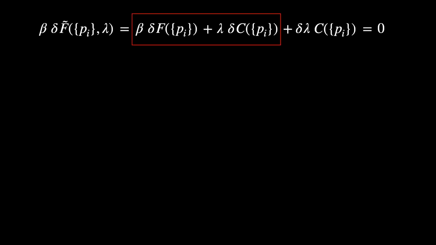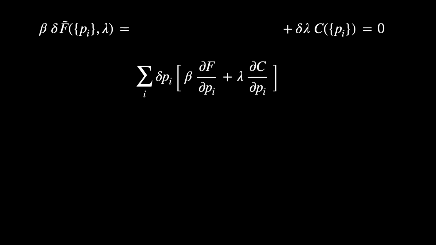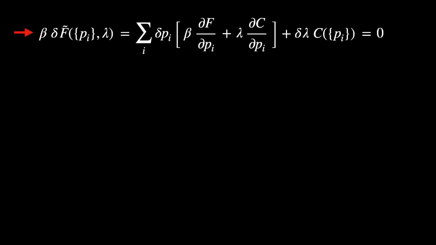Delta f and delta c in the red box are both variation with respect to just p's. Since delta p and delta lambda are independent variations, their coefficients must be equal to 0 in order for the arbitrary variation to be 0.